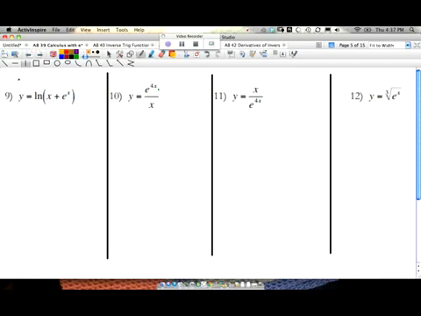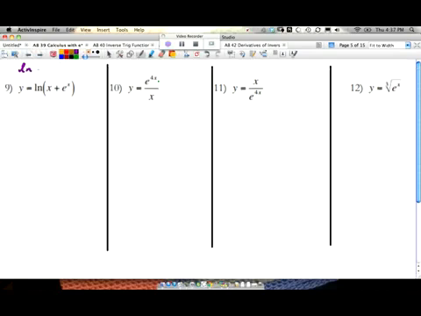So I got natural log of x plus e to the x. What's going on here? First we got a natural log. That's, you know, got layers to it. And it's natural log of u, which is going to turn into u prime over u. Well, let's figure out those two pieces. If u equals the inside here, x plus e to the x, then u prime, the derivative of that, is just 1 plus, well, the derivative of e to the x is again e to the x.